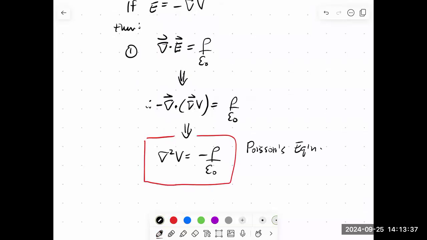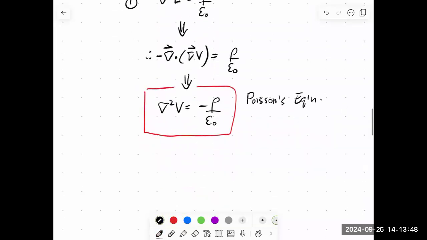And I suspect that it will be in the next chapter that we'll use this a little more. So just keep this in mind for when we get to chapter 3, hopefully pretty soon. Then Laplace's equation is really nothing different.